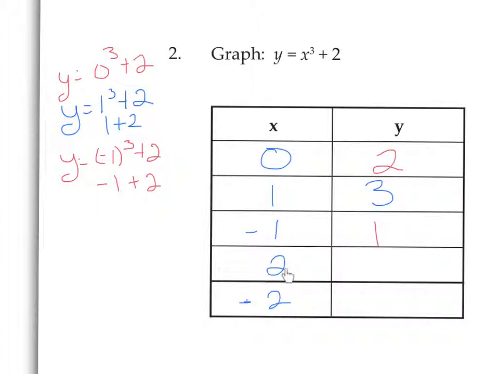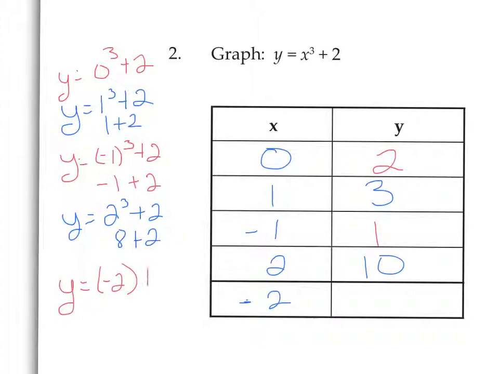When x is 2, we'll put a 2 in here. y will be 2 cubed plus 2. 2 cubed is 8. 2 times 2 times 2. And 8 plus 2 is 10. Okay, lastly, when x is negative 2, we'll put a negative 2 in there. y equals negative 2 cubed plus 2.